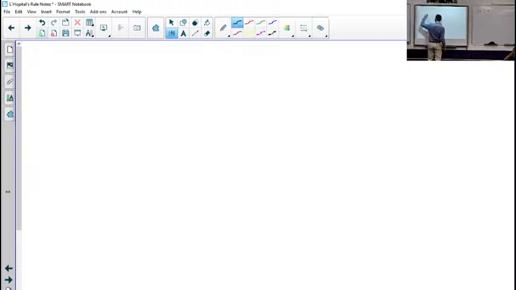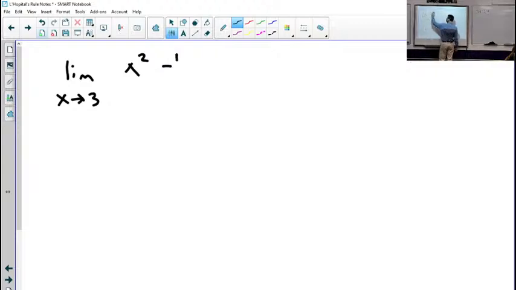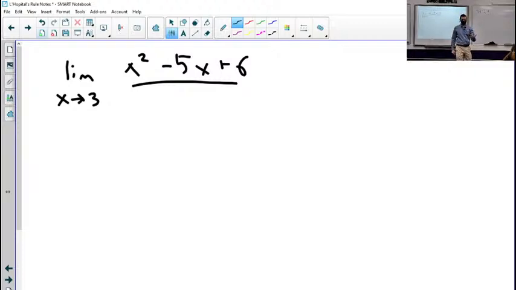So let me do the limit of x squared minus 5x plus 6, over x squared minus 2x minus 3, as x approaches 3. This is an extra example just to show you how this works. We're going to take it the way that we learned when we first did limits, and then we're going to do it with L'Hopital's rule as well.